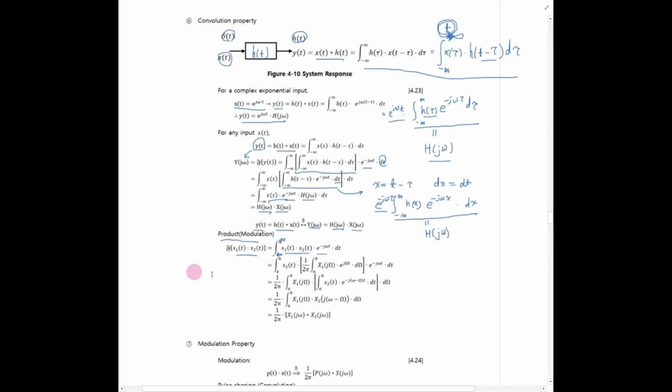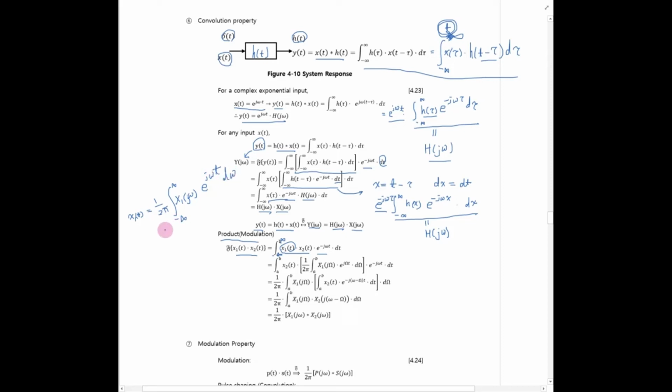Then watch the x1 expression, x1(t). x1(t) is a time domain function. If a Fourier transform expression exists, then we can take an inverse Fourier transform of it. So 1 over 2 pi, taking the integration from minus infinity to infinity of X1(j omega) e to the j omega t d omega.